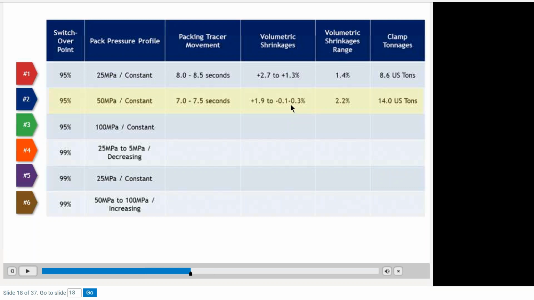Well, it's an indication in the analysis software that you really pack the material near the gate. And guess what? The range is higher than what we saw before. So what is better? And we also notice that the tracers are now moving only 7 seconds to 7.5.